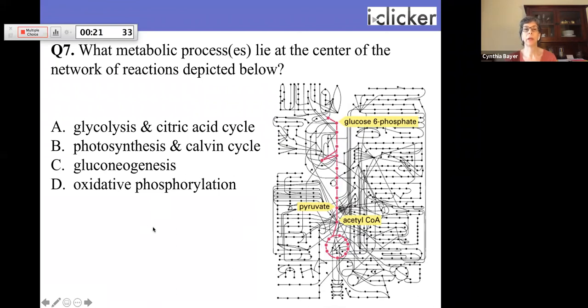And I'm asking you, based on what we just talked about, you didn't have to take biochemistry, what do you think lies at the center of all of these networks of reactions? Some are catabolic, some are anabolic, some are breakdown processes, some are building synthesis processes. What do you think is at the center of this? Which is why we'll be studying these processes next week.